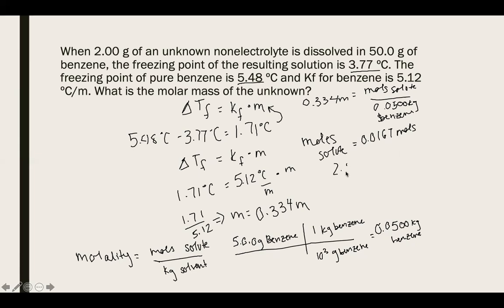So we do 2.00 grams of our unknown divided by 0.0167 moles. And we get 120 grams per mole of our unknown electrolyte as the molar mass.